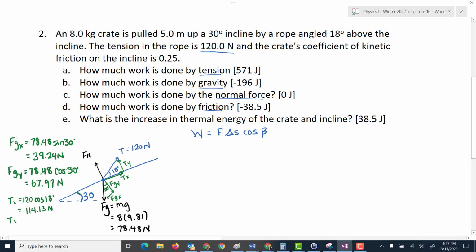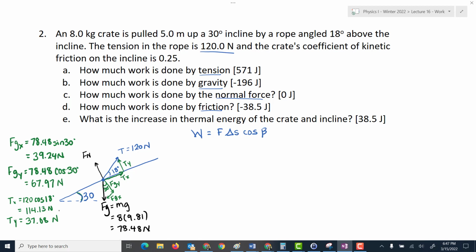And my tension y is opposite of the 18 degrees, so it's going to be 120 sine, since it's opposite of 18. And that gives me 37.08 newtons. Okay, so now I know all of my forces so far that have x and y components.